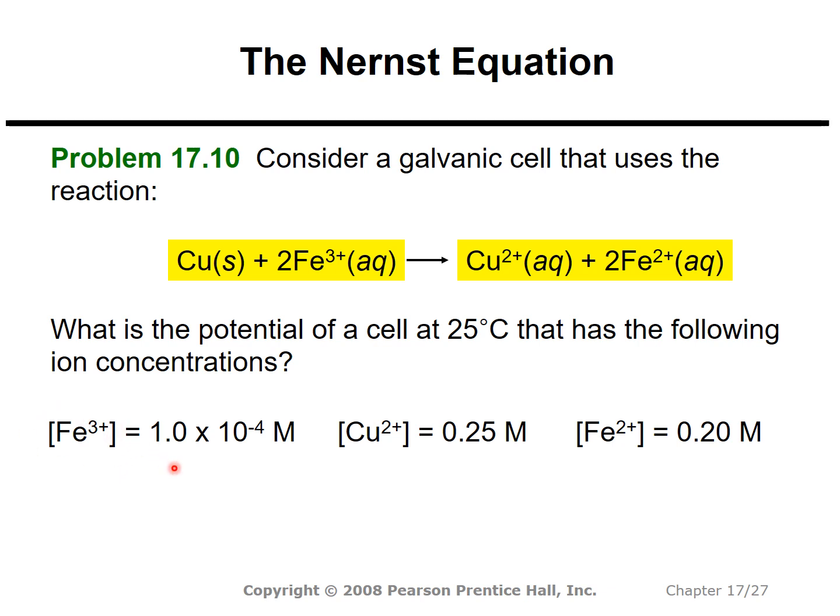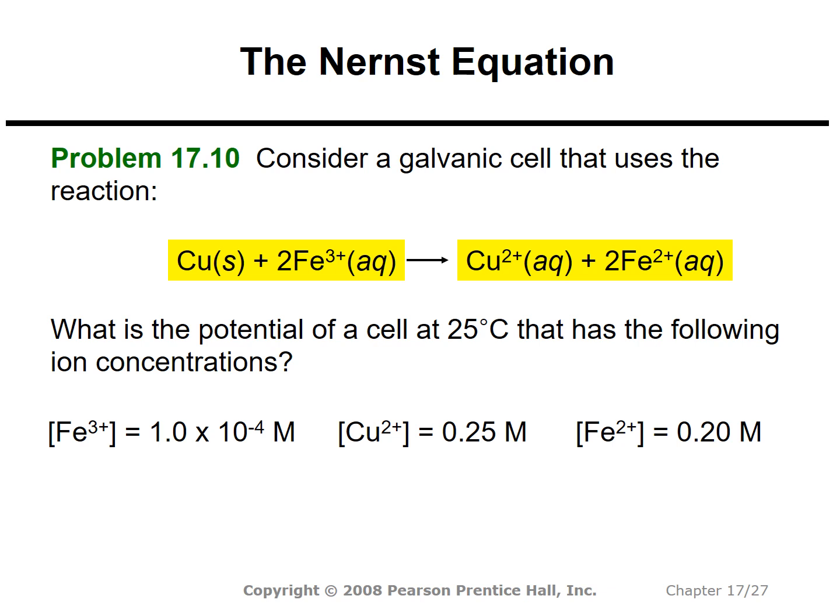Fe3 plus, not 1 molar but 10 to the minus 4 molar. Copper 2 plus, not 1 molar but 0.25 molar. Fe2 plus, not 1 molar but 0.2 molar. That is to say, the standard reduction potential is not enough for the calculation.